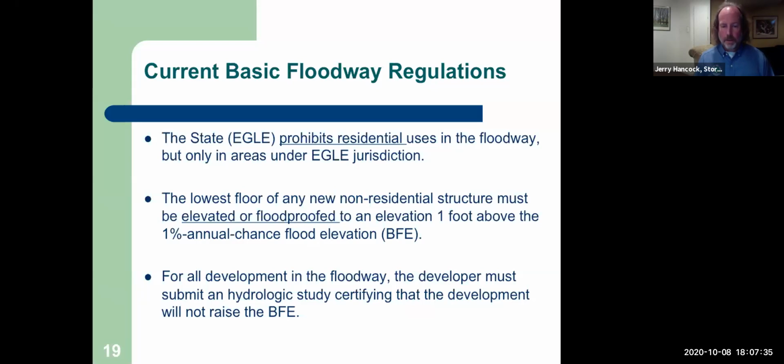In the other parts of the floodway, where the state does not have jurisdiction, currently you can build non-residential structures as long as they're elevated or flood-proofed to 1 foot above the 1% annual chance flood elevation, or the base flood elevation. And any development within the floodway requires hydrologic studies to show that there's not a rise in flood elevation caused by the activity.